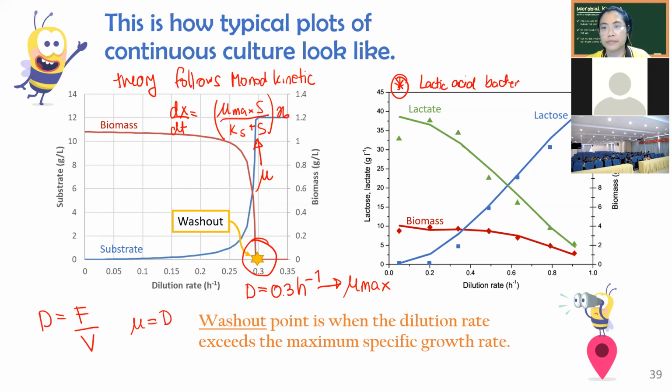You see that we feed in lactose at about 40 grams per liter, and we do the fermentation, changing the dilution rate. And the washout, if you extend this, goes to about 1.